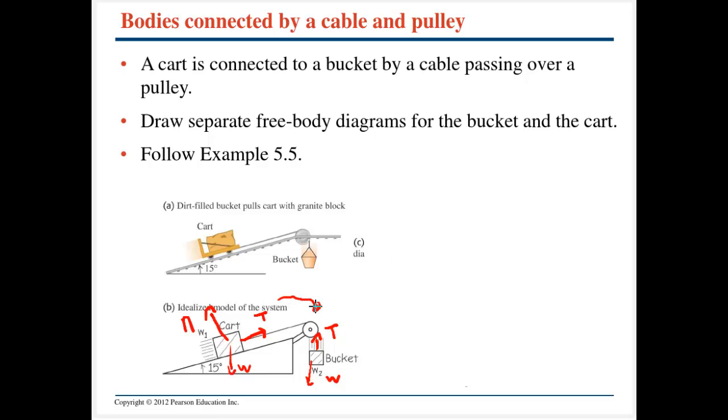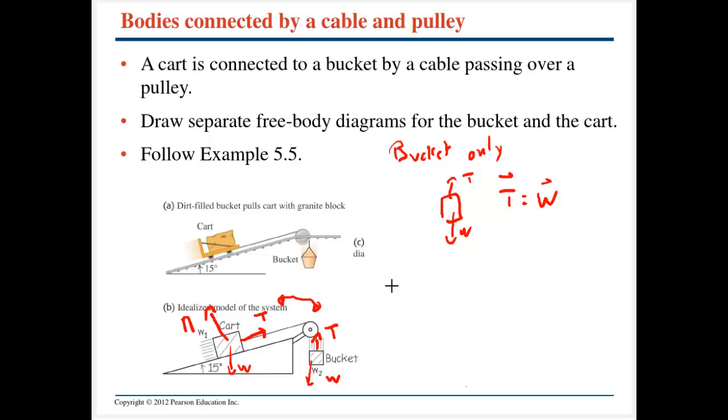The tension is the action-reaction pair, so it's going to be the same. So if I look at my system for the bucket only, then downwards I have the weight, upwards I have the tension. I can say the tension is equal to the weight, which is going to be its mass times gravity.